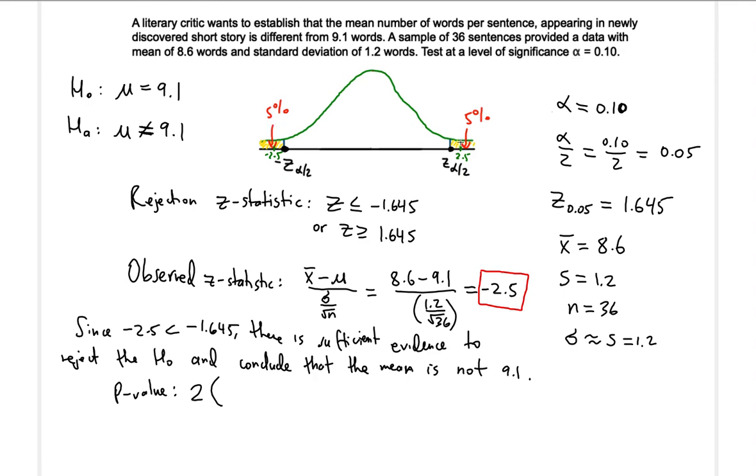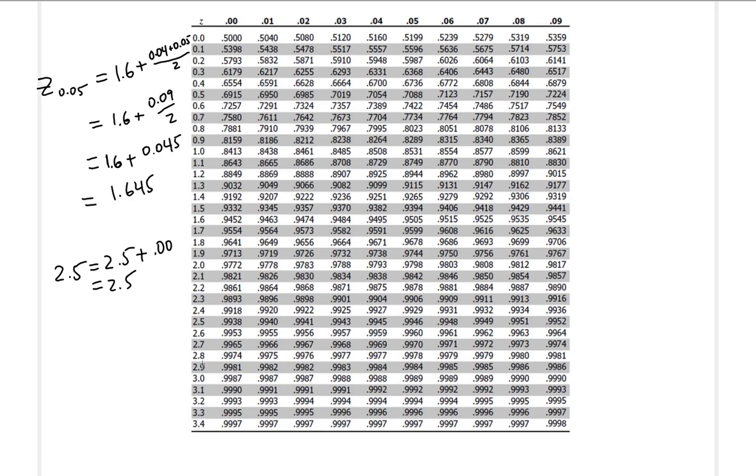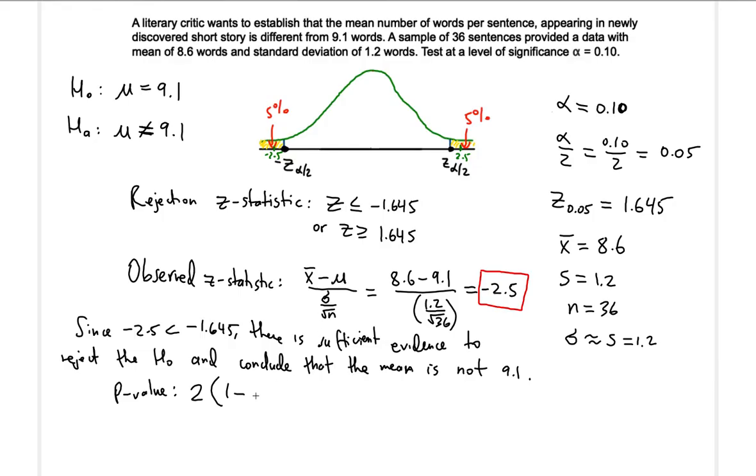So you have to subtract all the probability to the left of this 2.5, from the beginning of the graph to this point. And that's going to be the remainder. That's why I'm doing 1 minus that, right? 1 minus the probability percentile at the 2.5, which is 1 minus 0.9938, right? Everything to the left up to the point of z 2.5 is the probability value corresponding to 0.9938. That's why we have to subtract it.